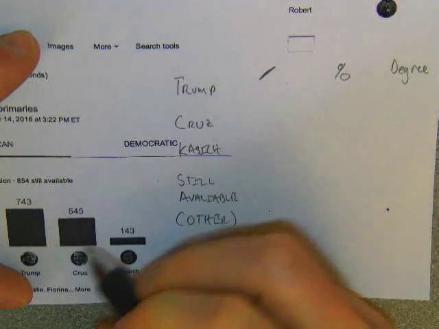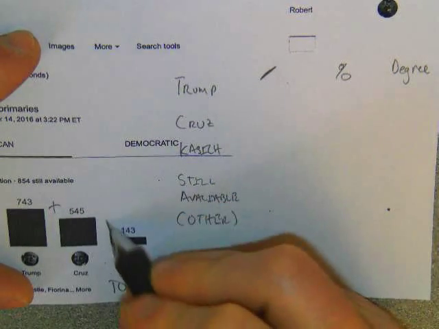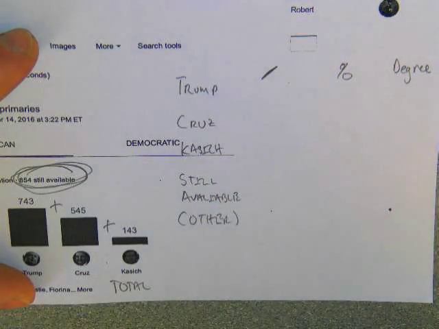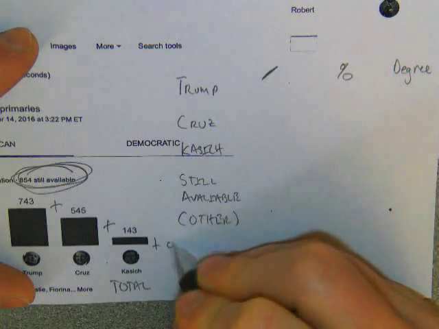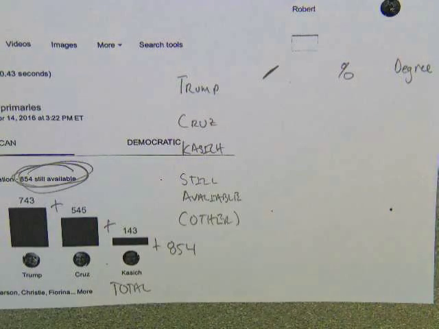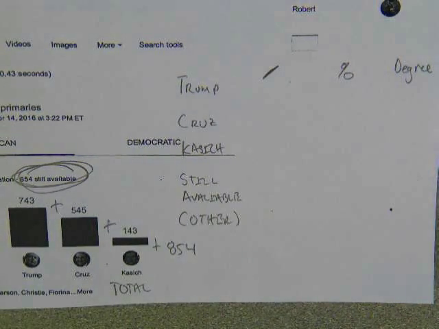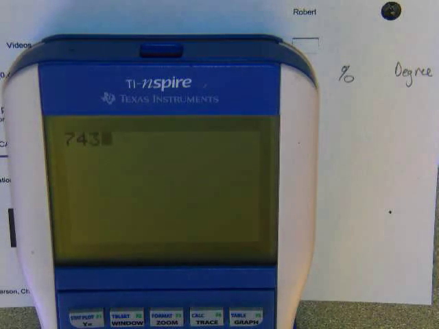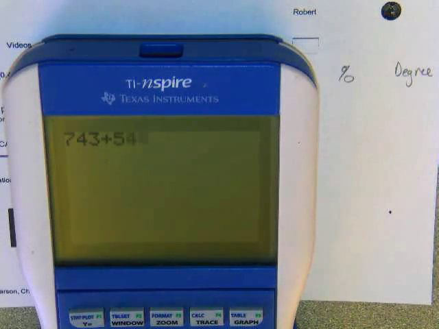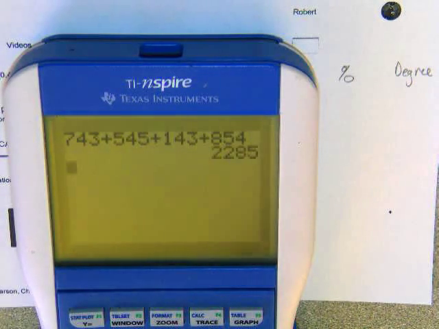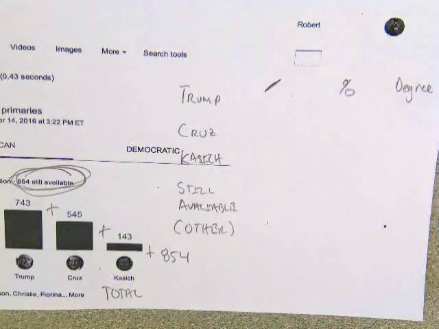I would say the total is 743 plus 545 plus 143 plus, we're going to include this, plus 854. Alright, so I'll just go ahead and sum that. 743 plus 545 plus 143 plus 854 is 2285.